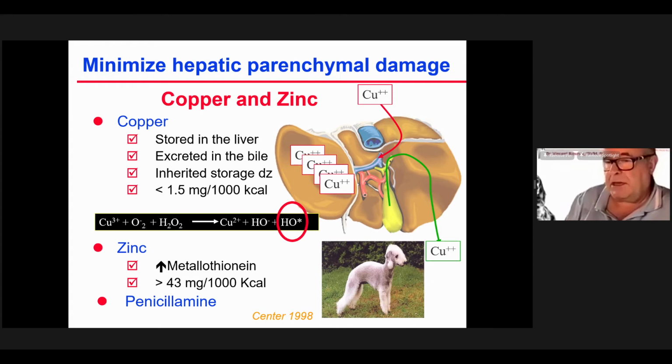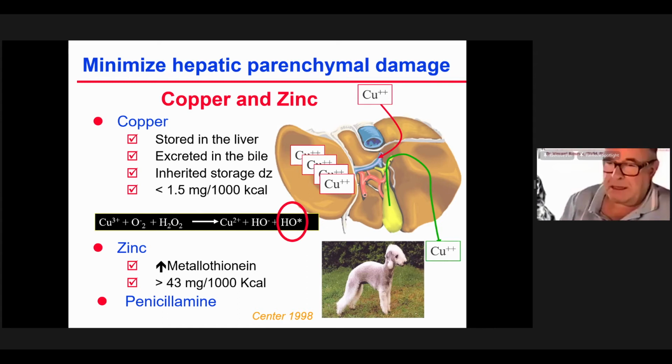One reason might be that there's too much copper in the diet. Another one is that for some reason, because of the disease, the bile cannot be excreted efficiently anymore, and the excess copper normally is eliminated through the bile. And the third one is that some animals, like the Bedlington Terrier, tend to have a genetic defect, and that genetic defect is associated with an accumulation of copper in the liver.